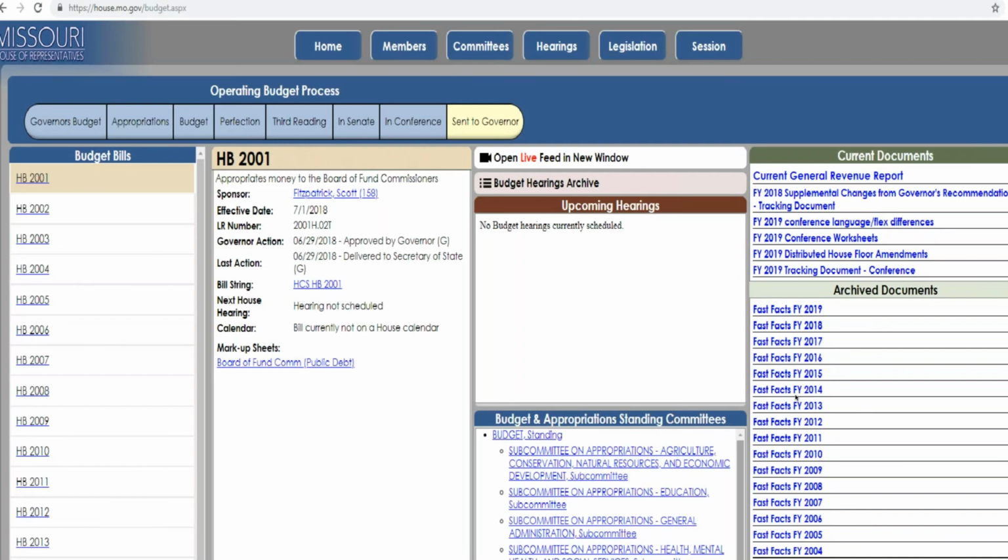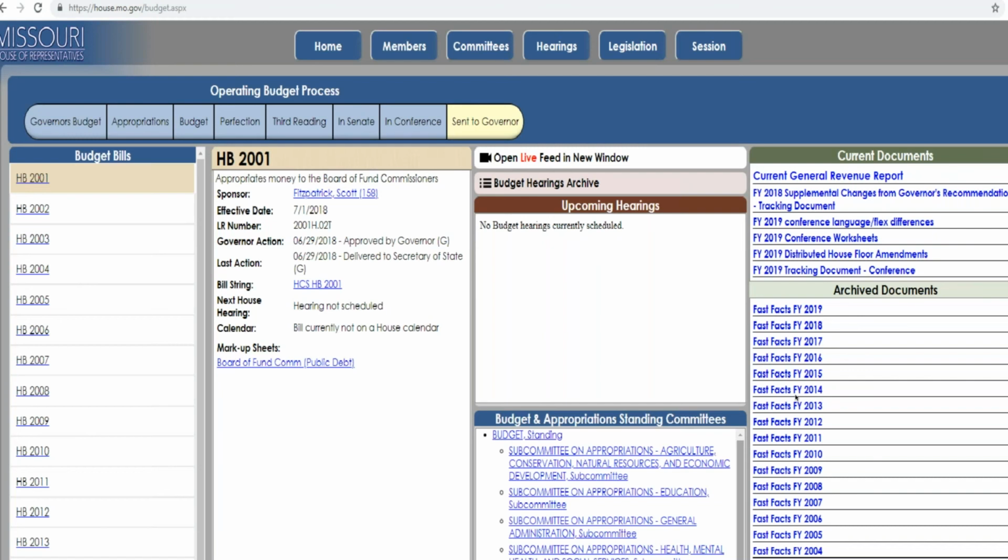And a very important page to be aware of. This is the House budget page. Up in the upper left-hand corner of your screen, you can see the URL. So you go to the Missouri General Assembly, go to the Missouri House page, and click on the budget link, which is on the first page of the House.